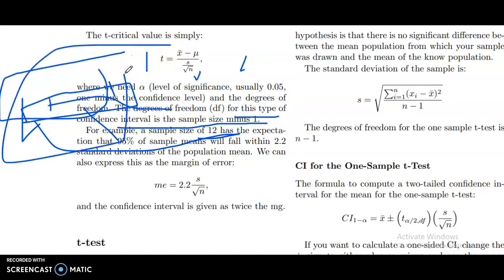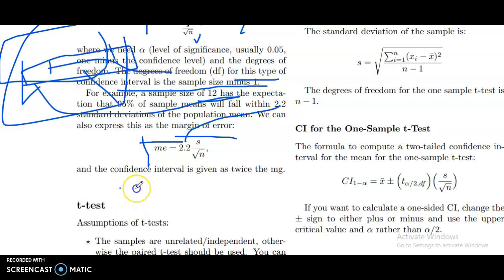We can also express this as the margin of error. For the margin of error, we multiply this 2.2 with s divided by root n. This is the margin of error.